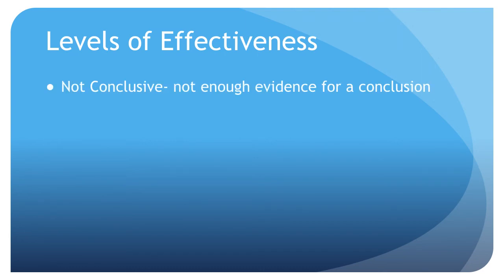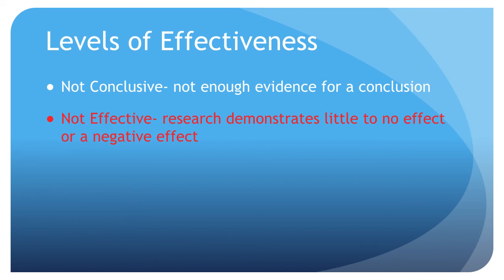So they may say that the research for this program or practice is what would be referred to as not conclusive, which means there really isn't enough information available to assess the effectiveness of the program or practice. They could determine that an approach or practice is not effective, which means either there was no impact on the desired outcome, or it could mean that the program or practice actually increased the problem that you're trying to solve.